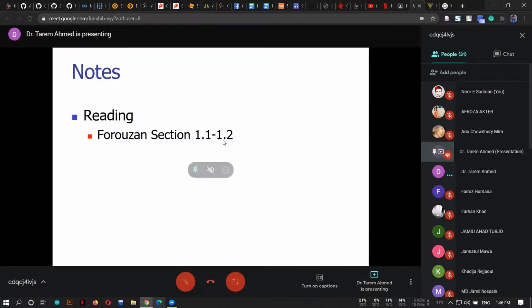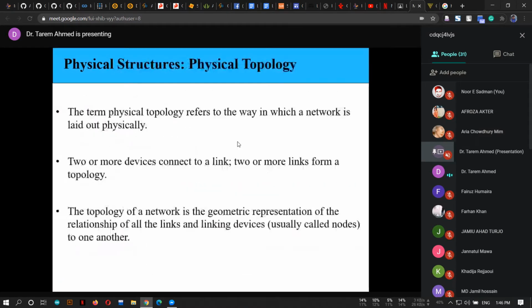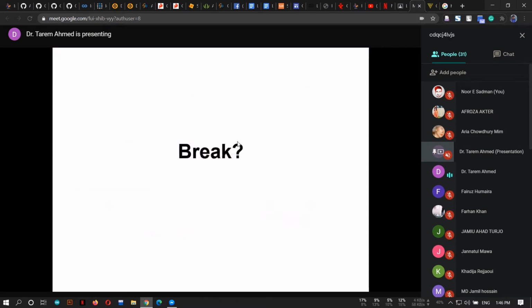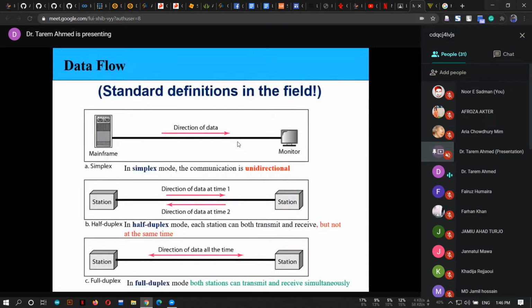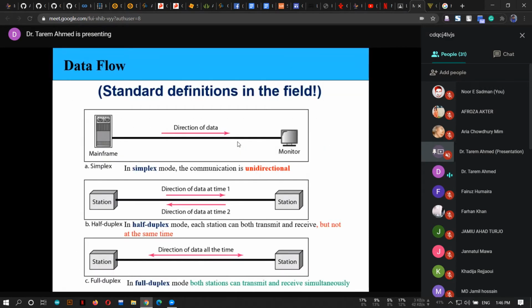Do you understand? I have not covered all of section 1.1 and all of section 1.2, but I have not changed my slides in the book. So for today you have to read through the book, and once again, since the slides are by the publisher, the slide headings follow the book headings, so you have to see what parts I have covered, up to data flow, and read that.